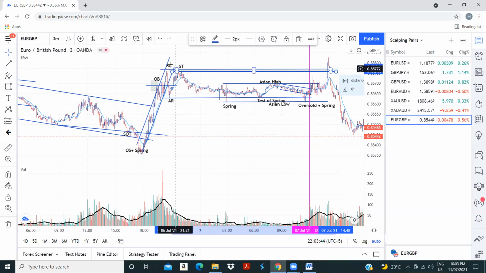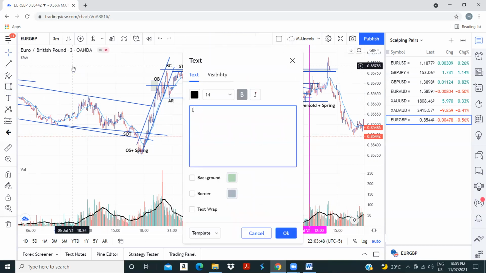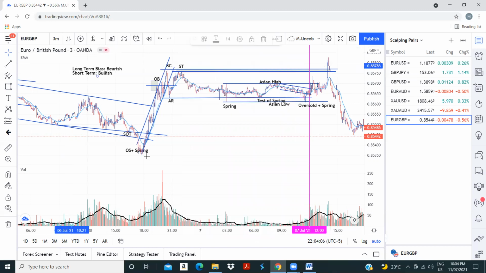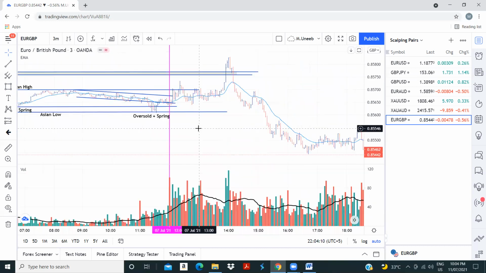So our long-term bias is downward, is bearish. Short-term is bullish. Understand? Now we have refined everything.